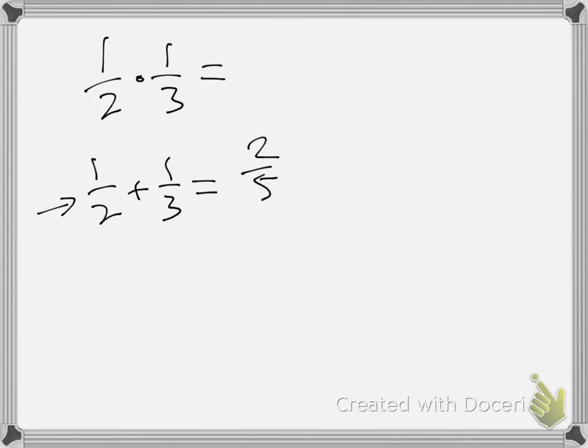Done. 2/5. Can't do that, can you? Can you do that for multiplying? Can you just go boom, boom? 1 times 1 is 1. 2 times 3 is 6. Is that okay for multiplying? You seem unsure. Yes, that's totally fine. Multiplying is cake. Just do it.